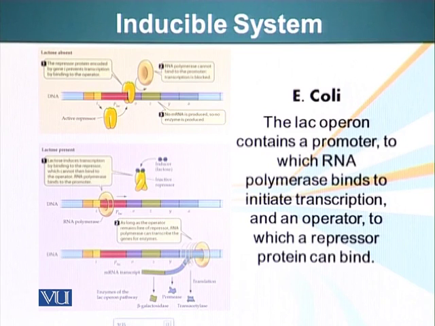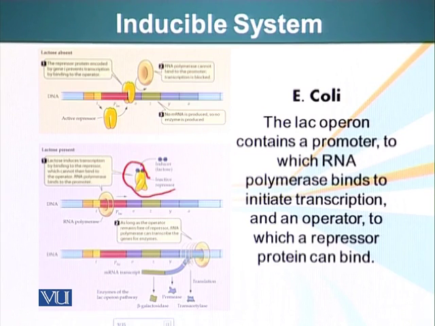When lactose is present, it changes the conformation of this repressor. When that happens, the repressor can no longer bind the operator. The repressor has two special domains. One can bind the DNA at the operator region. The other domain binds the lactose molecule.